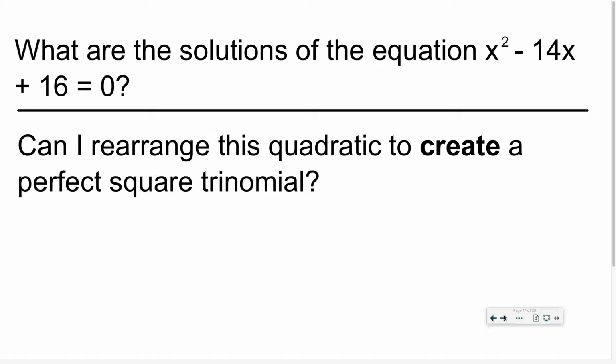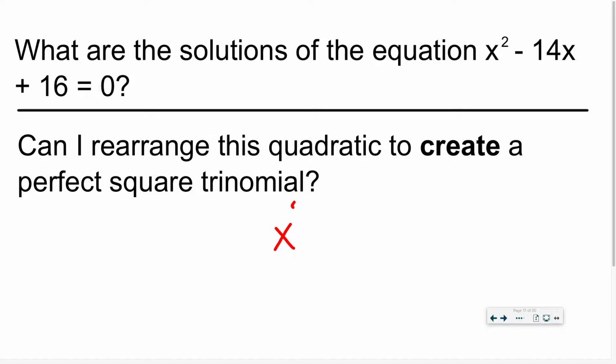So I can rearrange to actually complete the square. But here's the problem. When I complete the square, what value am I putting in? What part of the trinomial? The c value. What's the problem with this? I already have a c value. What do you think I could do with it if I didn't want it? Yeah, I could actually get rid of it.